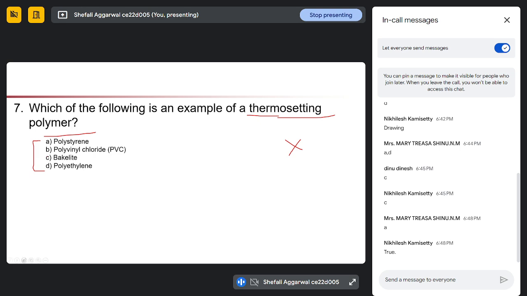So the answer is bakelite. PVC, polystyrene, polythene, from the name only you might know that these are thermoplastic materials which can be converted back to the normal elastic state after heating up. However, bakelite, what exactly is bakelite? Any idea?